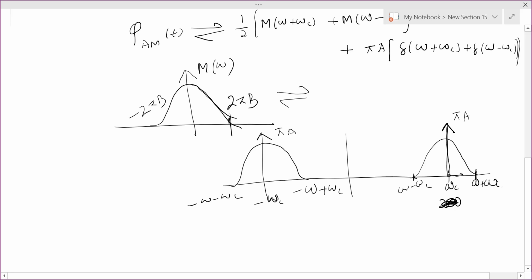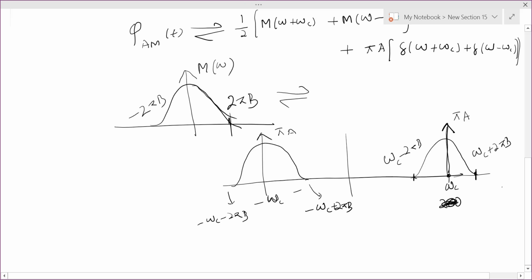If this is omega c, then this point will be omega c plus 2 pi b, and this will be omega c minus 2 pi b. I'm sorry for this typo. This point will be minus omega c plus 2 pi b, and this point will be minus omega c minus 2 pi b. So bandwidth will be this width, which is 4 pi b.